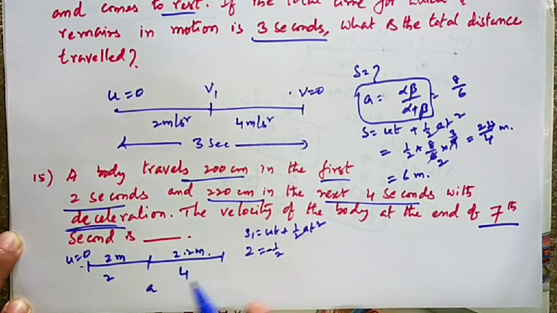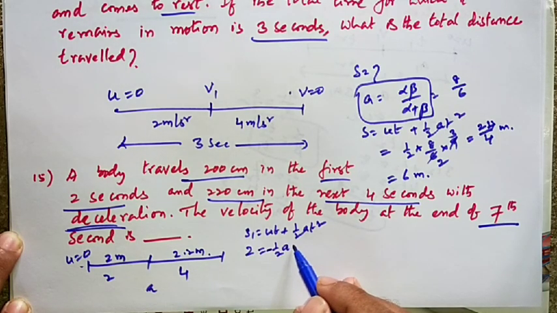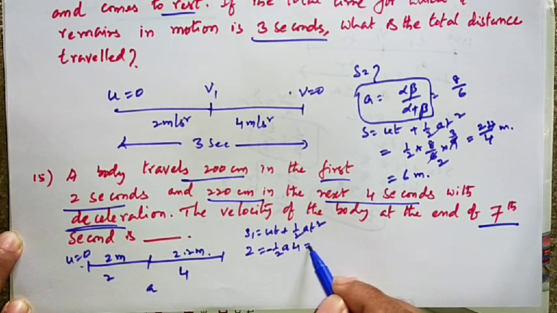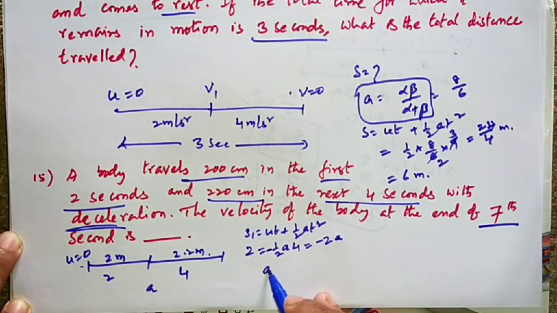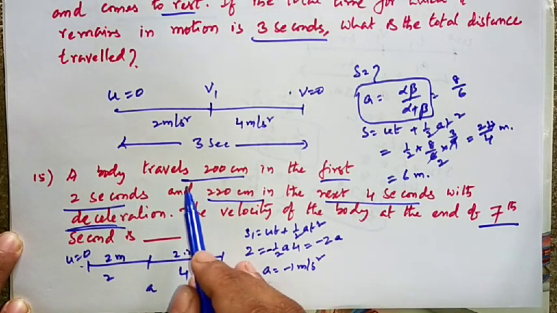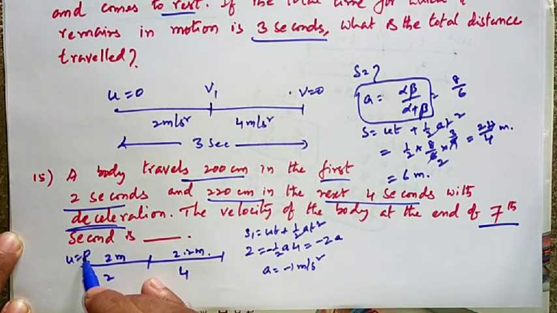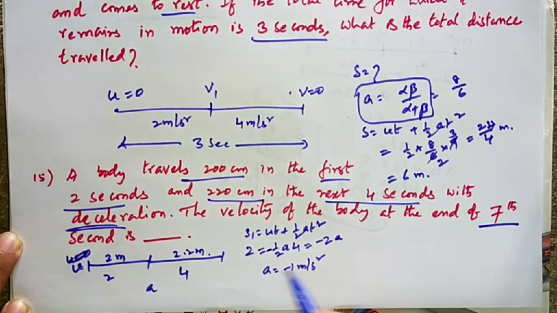Minus, because it is deceleration. Sorry, you should not take u as 0 because it is not given. Say u as u only.